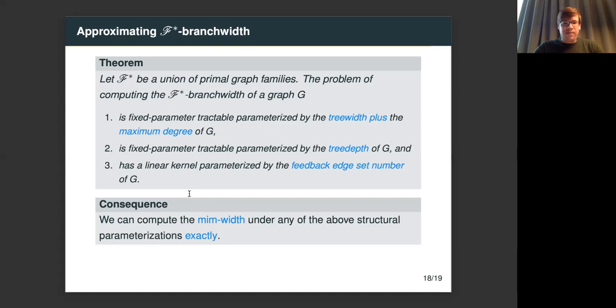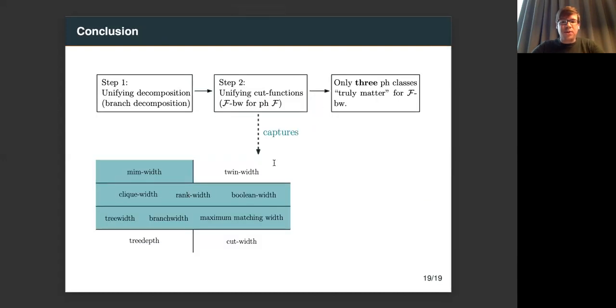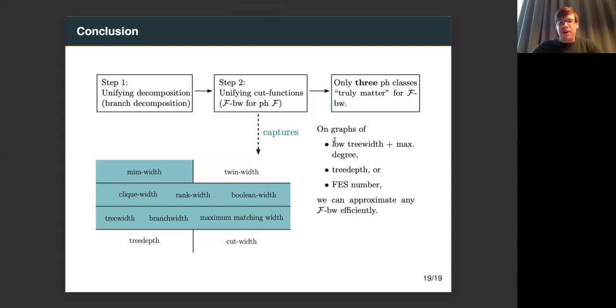As a conclusion, I want to show you this picture again. We had this unifying framework to characterize width measures, and we found that there are only very few graph classes that we have to consider in this context when defining this width measure. And we saw that on graphs of low tree width and maximum degree, or tree depth, or feedback edge set number, we can approximate any F branch width efficiently.